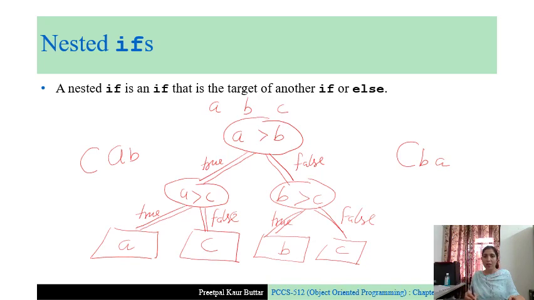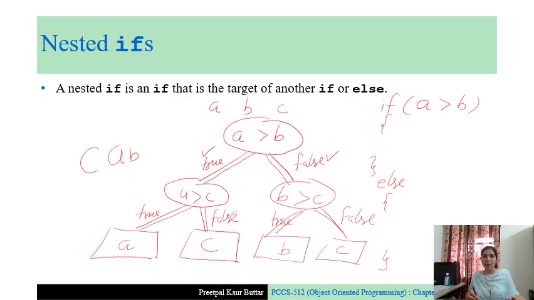But how can we code it? In order to code it, we can use nested ifs. The topmost condition can be put inside an if, and this block will contain the code which will be executed if this condition is true. The else part, this block will contain the code to be executed when this condition is false.